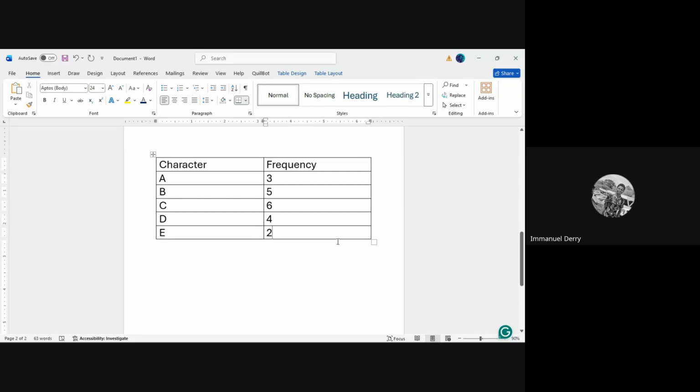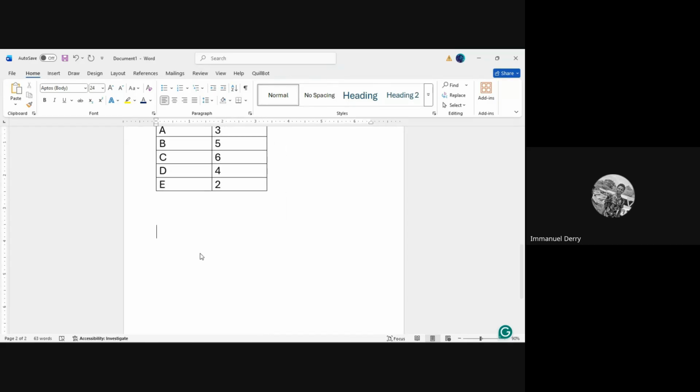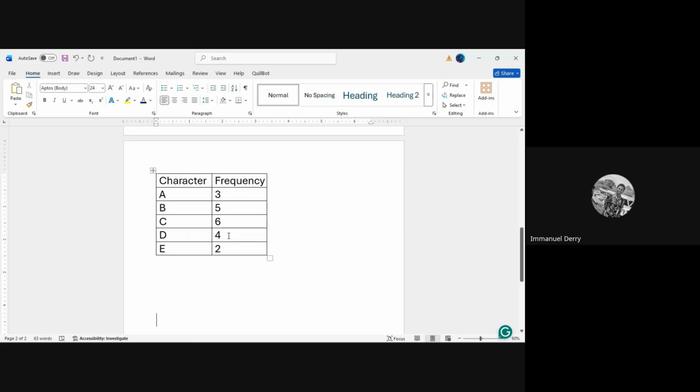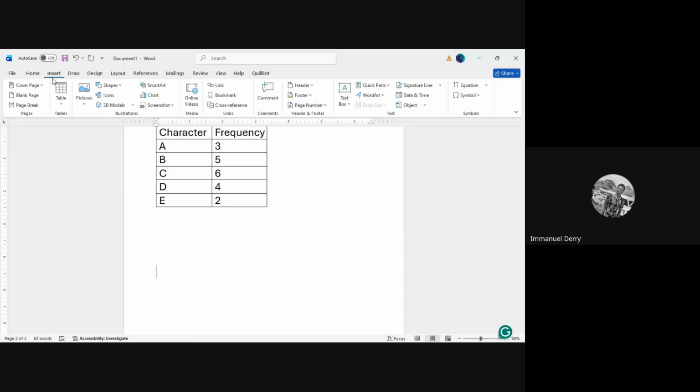Now we are supposed to build a Huffman tree. For us to do that, please, sorry, let me see if I can use a different tool to draw the table for us to see it clearly.